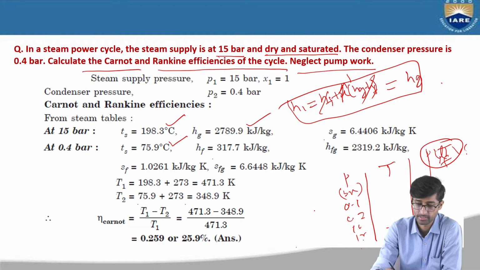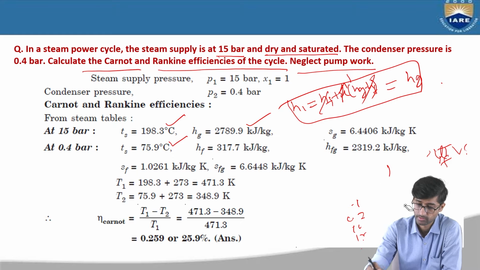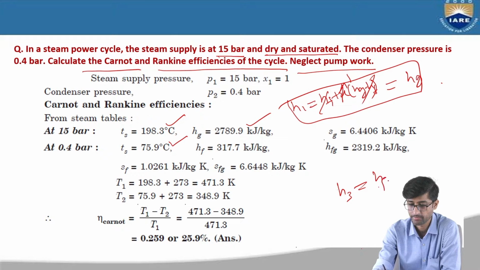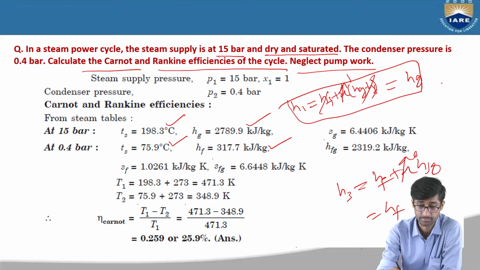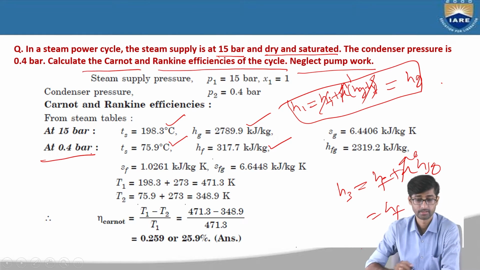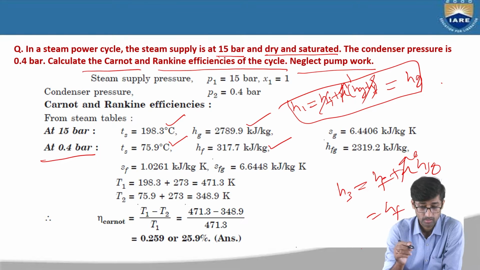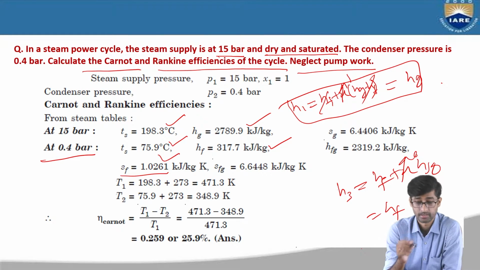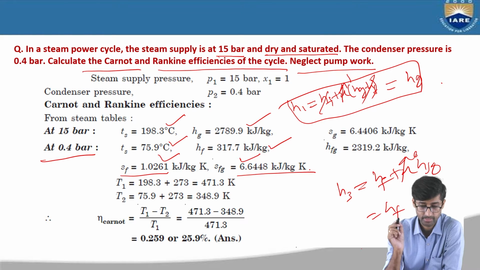If you put dryness fraction 0, H3 is equal to HF plus X HFG. Here the dryness fraction is 0, so that becomes HF only. So we are calculating HF from the steam table at pressure 0.4 bar, right? Similarly, at 0.4 bar, this is the value of SF, specific entropy, and this is the value of SFG, right?